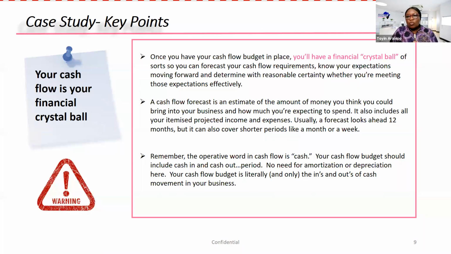So one thing I also want you to remember is that your cash flow is like your financial crystal ball, right? And that is the reason why you need to plan ahead. You need to forecast your cash flow. And we're going to go through the steps that you need to take in estimating how much cash is required.